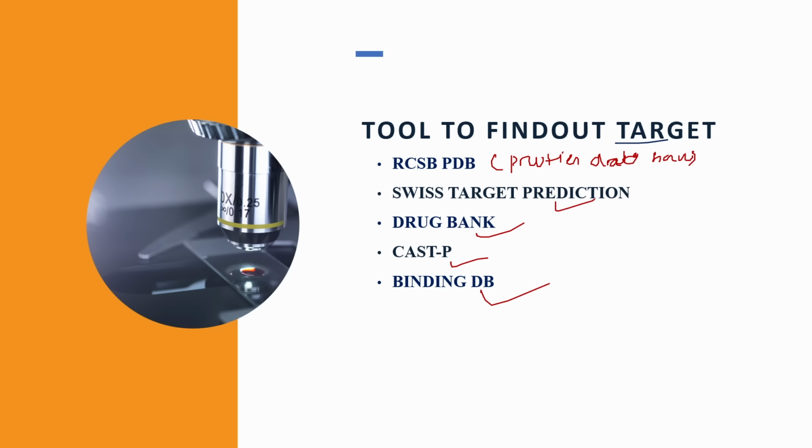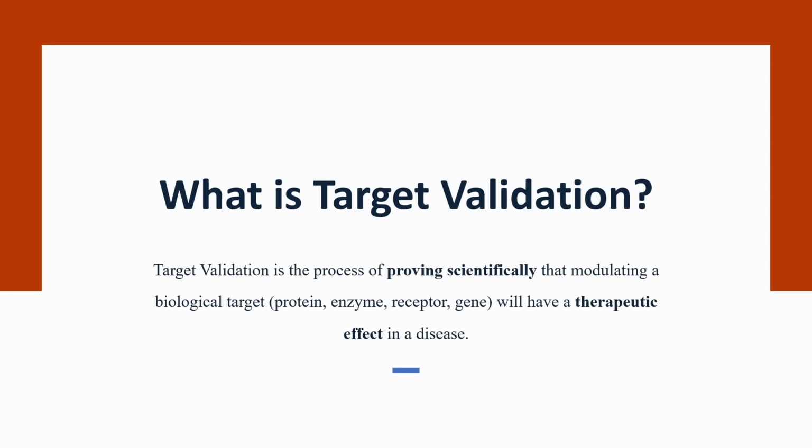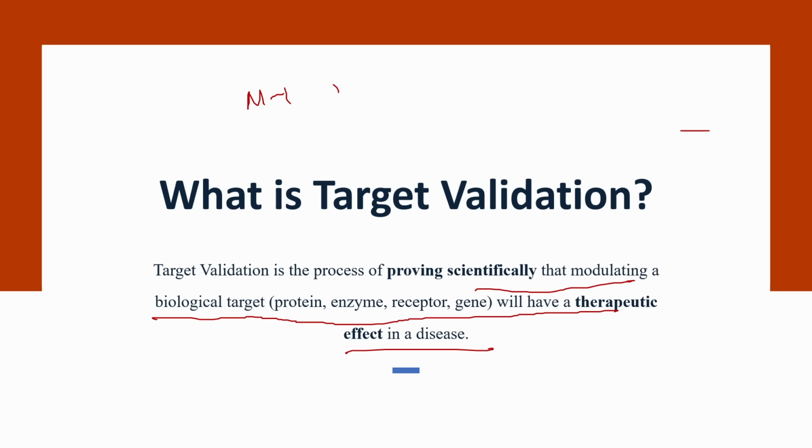Now next we talk about target validation. As I've already told you, target validation is the process of proving scientifically that modulating a biological target, a protein or enzyme or receptor, will have a therapeutic effect. We just give the marketed drug, and it will modulate the receptor.